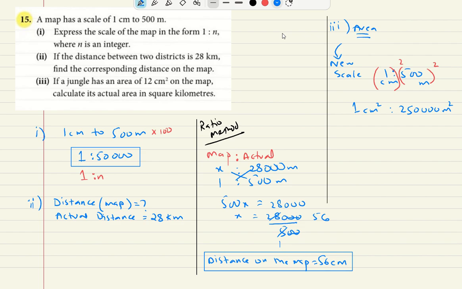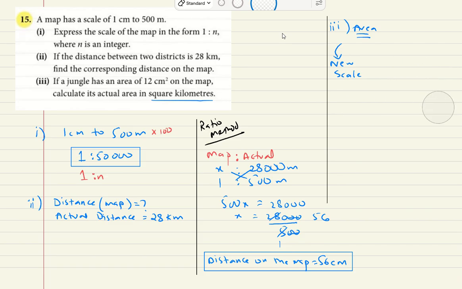Now, what is the requirement? The requirement is to find out the actual area in square kilometers. अच्छा, स्क्वायर किलोमीटर्स में अगर रिक्वायरमेंट है तो हम ज़्यादा बेहतर ये है कि इसको जो हमारा स्केल है इसको किलोमीटर्स में ही लिखें, ठीक है.